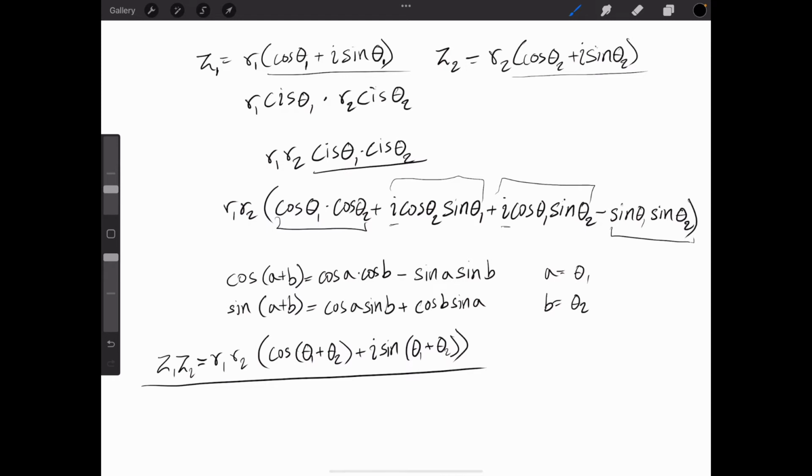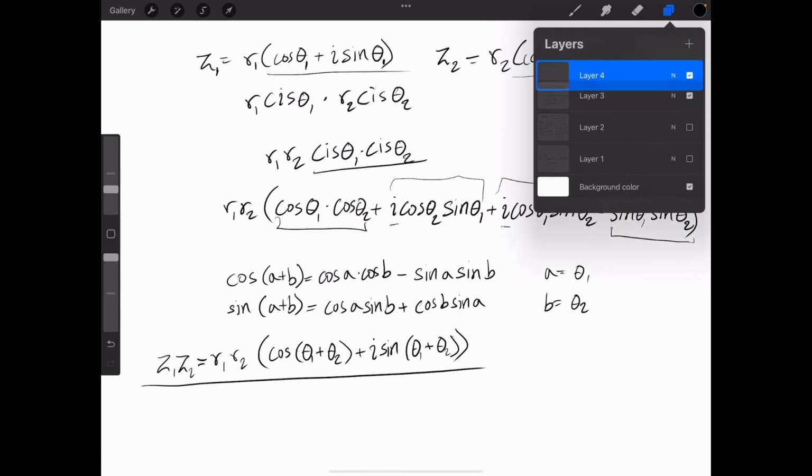You can do the same with exponents as well, which we'll do right now. It's basically the same thing. Instead of having R1 and R2 and theta 1 and theta 2, you have the same numbers.